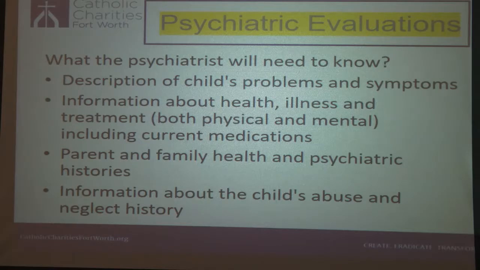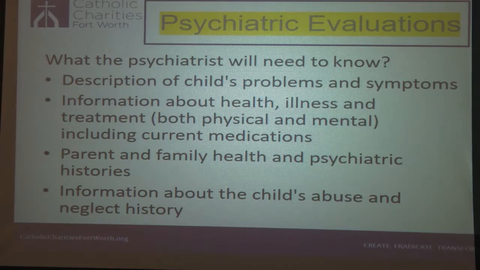Additional information the psychiatrist will need to know. Description of the child's problems and symptoms, information about health, illness, and treatment, both physical and mental, including current medications, parent and family health and psychiatric histories, information about the child's abuse and neglect history.